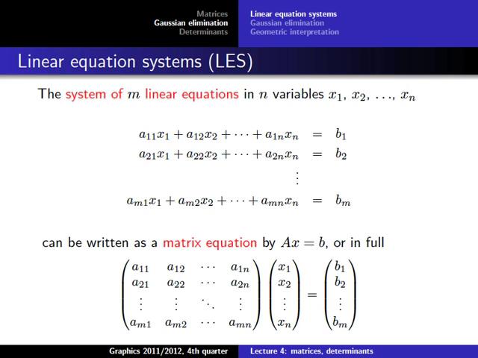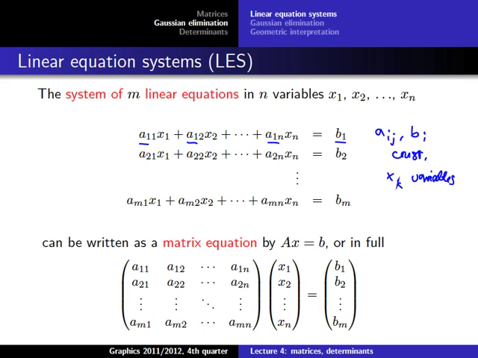So we have here, for example, A11, A12, and so on equals B. The aij and the bi are constant or given values, and the xk are the variables. And the goal of such a linear equation system is then to find all values for the xi that fulfill all of these equations.